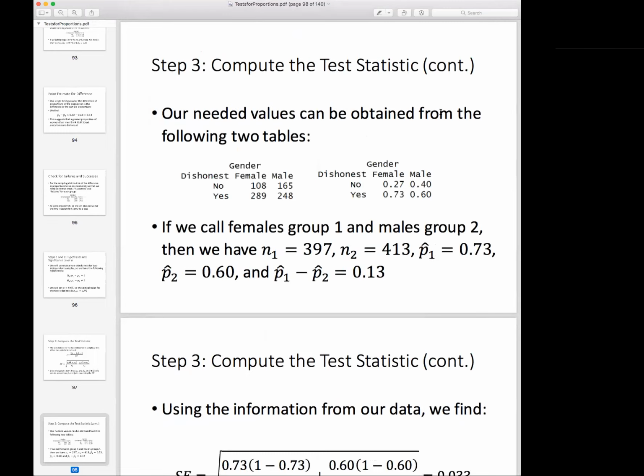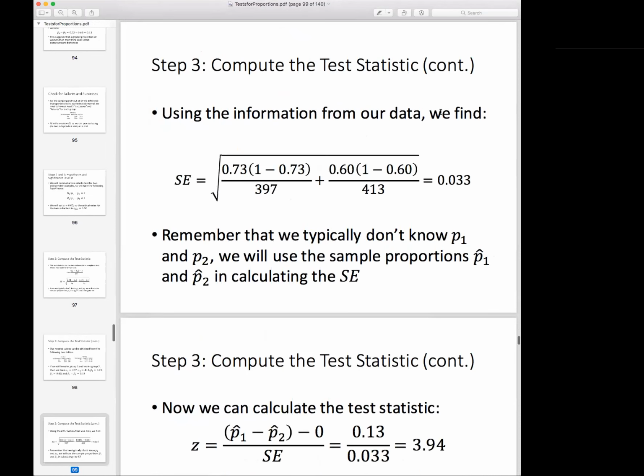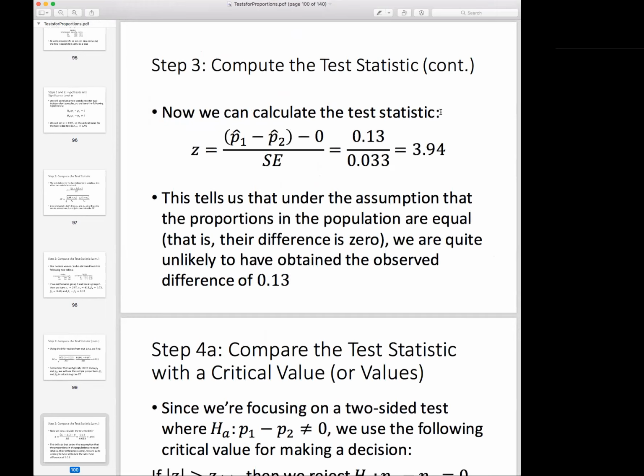And as we can see here, we have our sample sizes and we have our proportions. So we can compute the test statistic by plugging the relevant information into our standard error formula to find that our standard error is equal to 0.033. And we can find our z-test statistic by taking our difference of the two proportions and dividing that by the standard error to get 3.94.